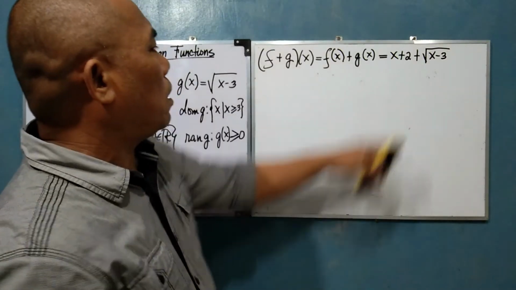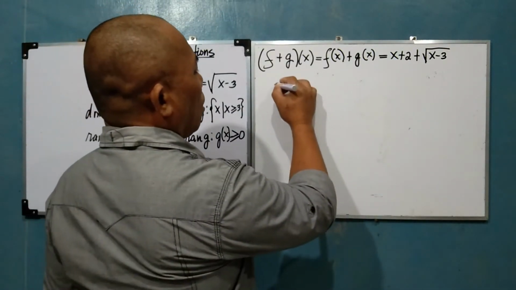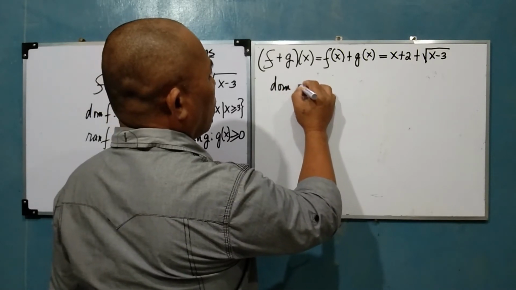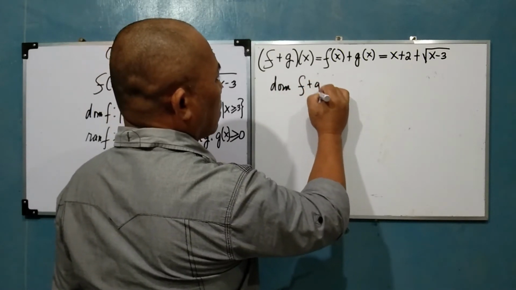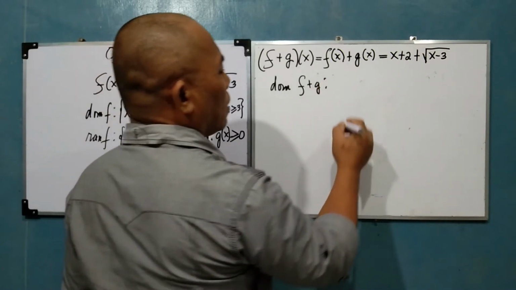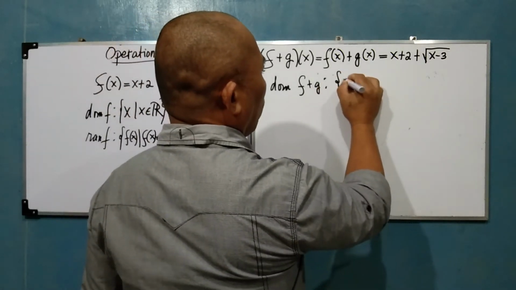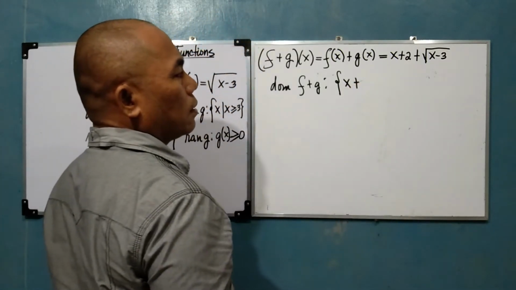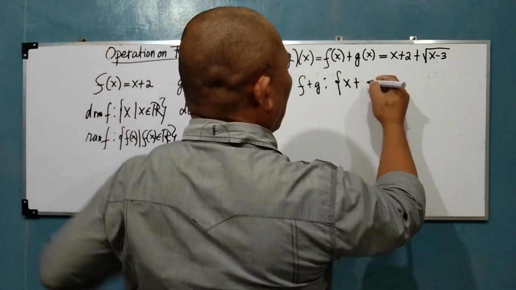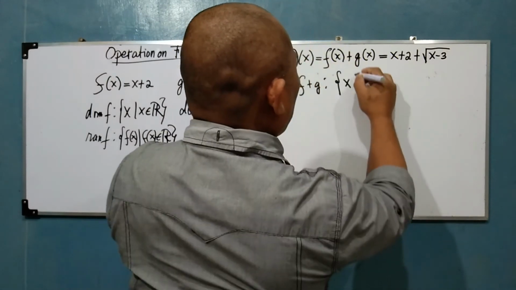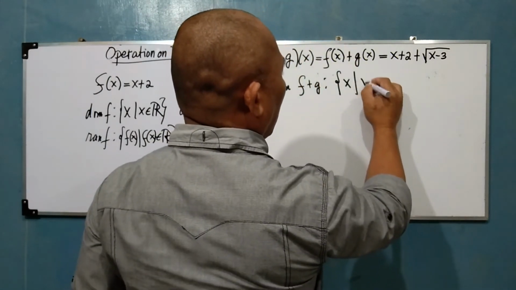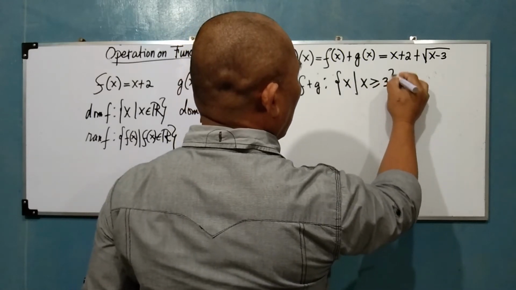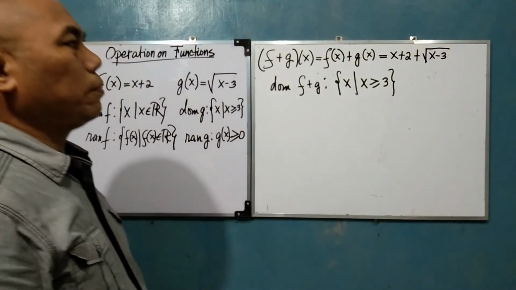So the domain here, dom of f plus g, is the set of all x such that x is greater than or equal to 3. Okay?